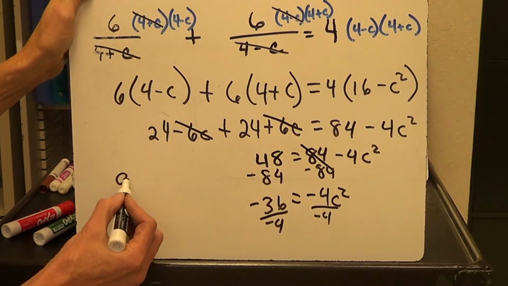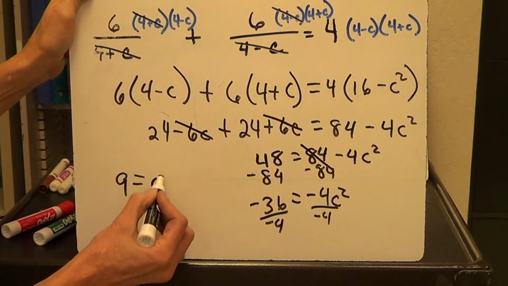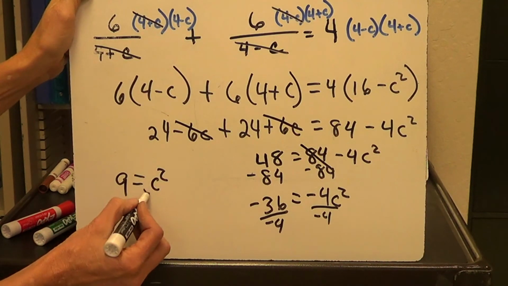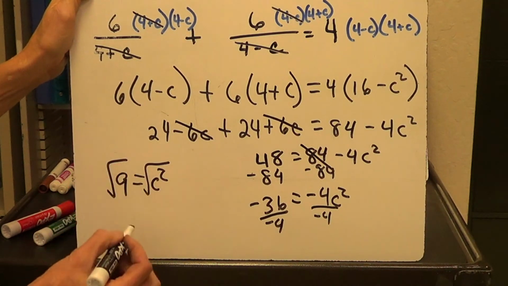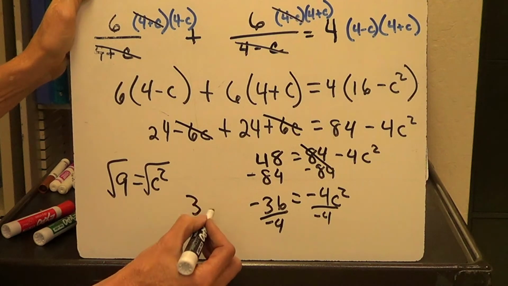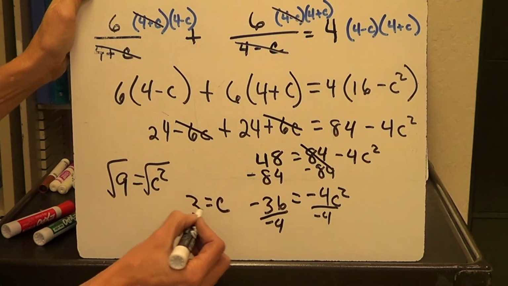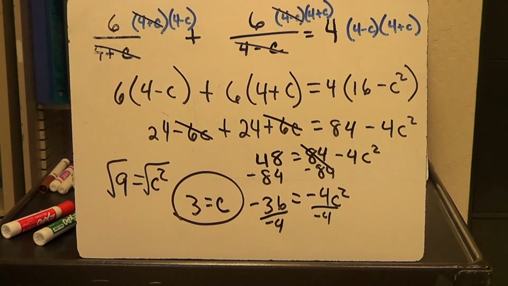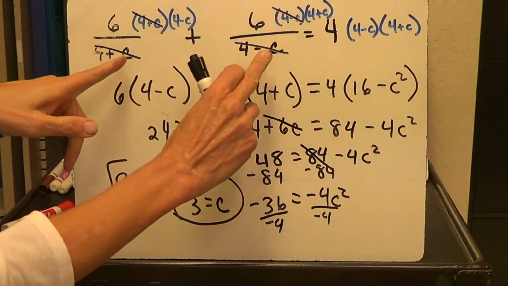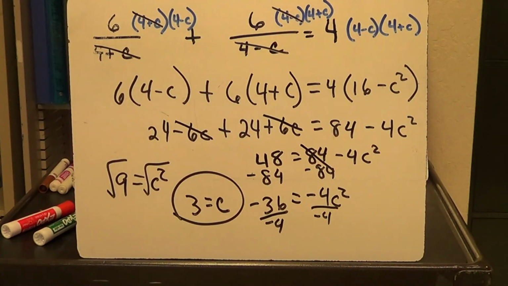We get 4 equals c squared. Take the square root of c squared, and we get 2 equals c. So our current speed, that's actually what we were solving for because we had the total time. We were just solving for the current speed. Our current speed is 2 miles per hour.